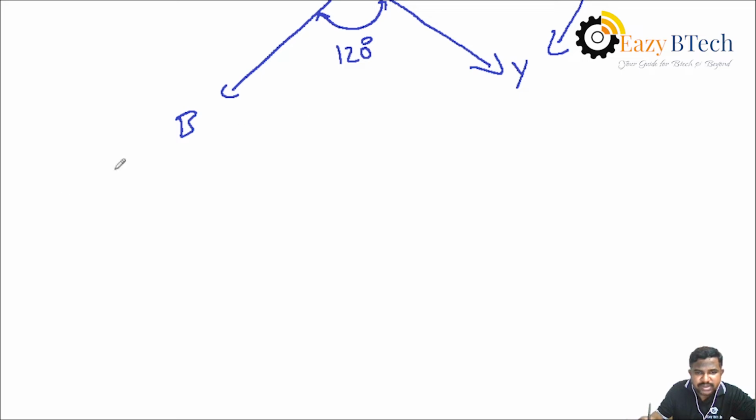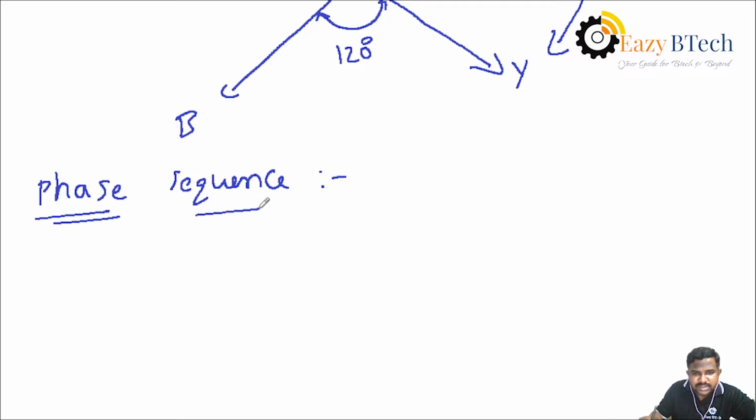Before going to equations, a very important definition is phase sequence. Phase sequence is very important in three phase lines, especially in practice, for a three phase induction motor. When connected to three phase lines in a phase sequence, suppose R, Y, B, it will be running.